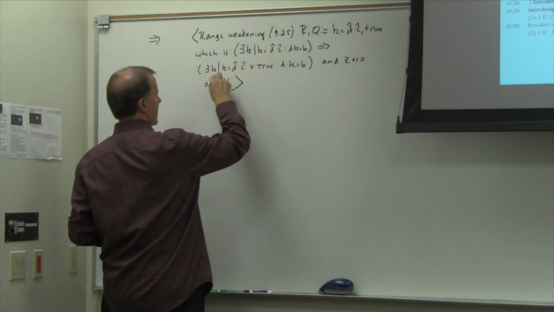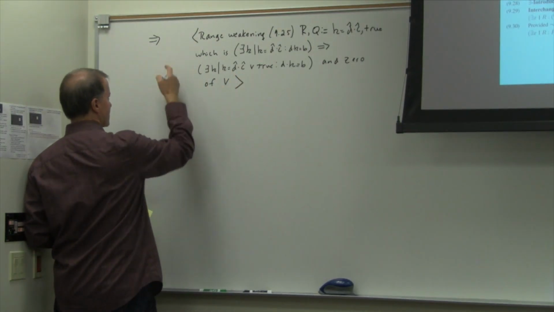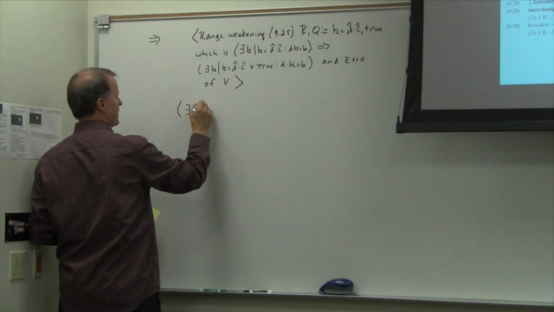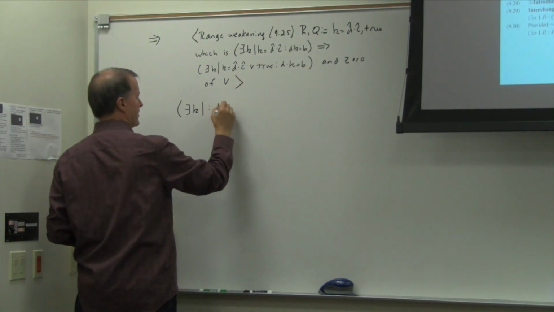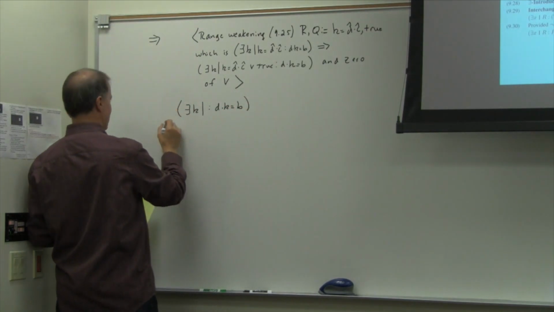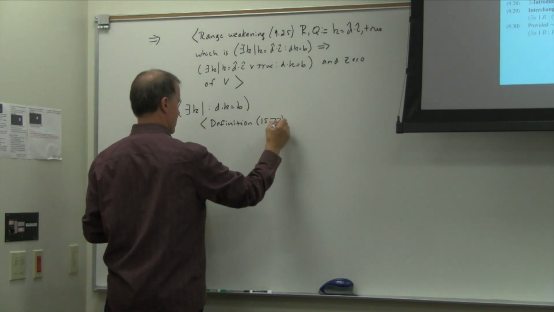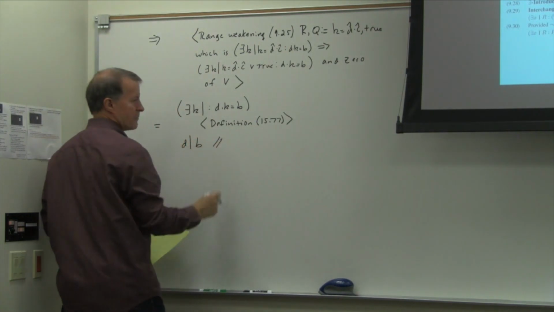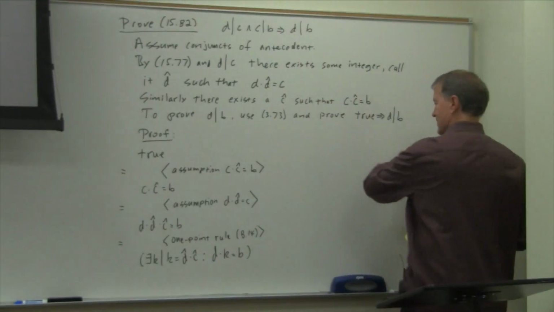So we know this implies, well, we're not quite done yet, because this implies there exists a K, range true, because that's true, body D times K equals B. And now this, 15.77, equals by definition D divides B, and we're done because we set it up that we're going to prove that by true implies that.